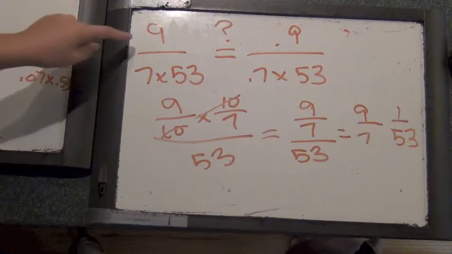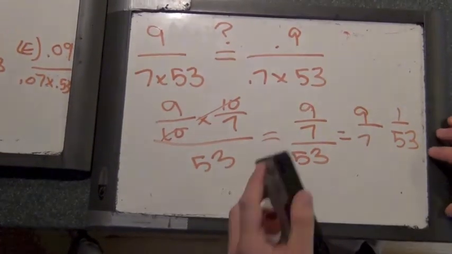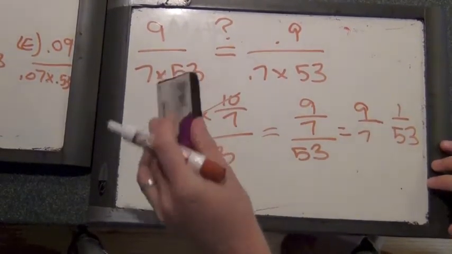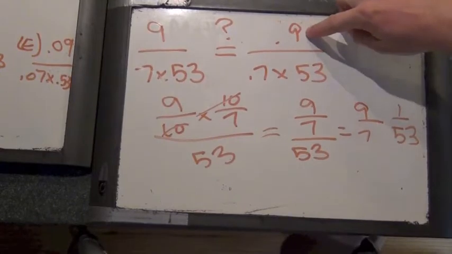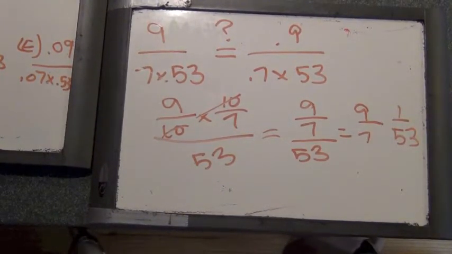This doesn't look like it's going to equal. What does 9/7 times 1/53 equal? Well, actually, it's 9 over 7 times 53. Oh, it does equal that. So in other words, if you divide the top by 10 and divide the bottom by 10, those cancel each other out.